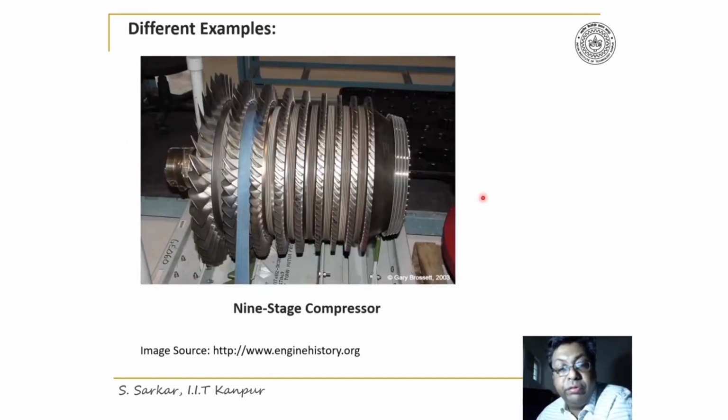Here I have shown you a 9-stage compression blade. Obviously, there will be a rotor followed by stator blades. And the orientation of rotor and stator blades are different. I'll explain that later.